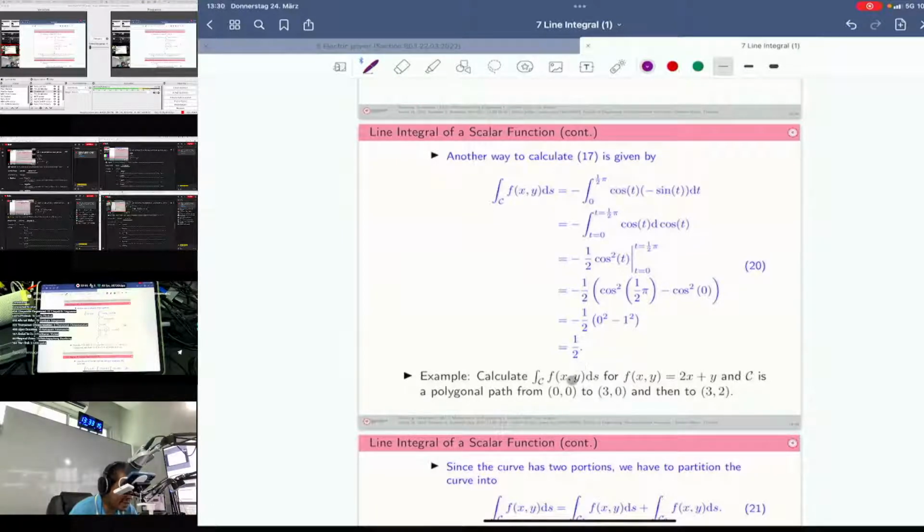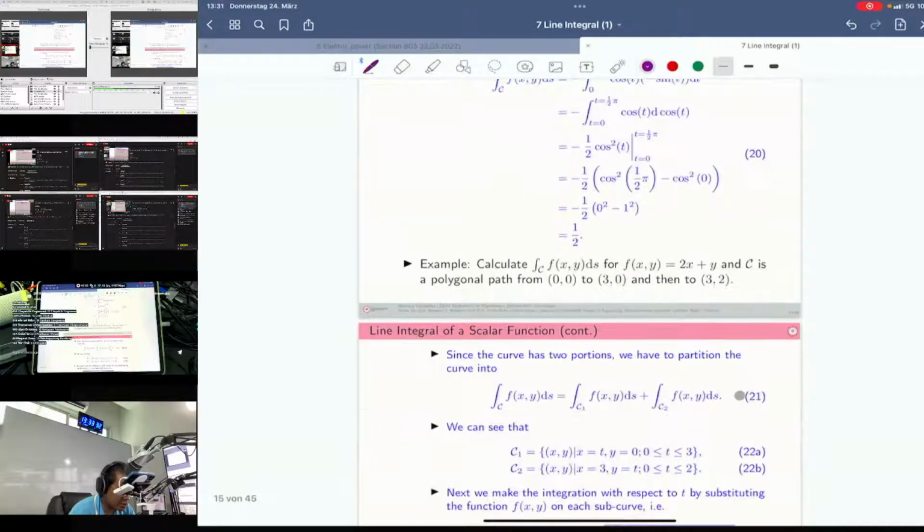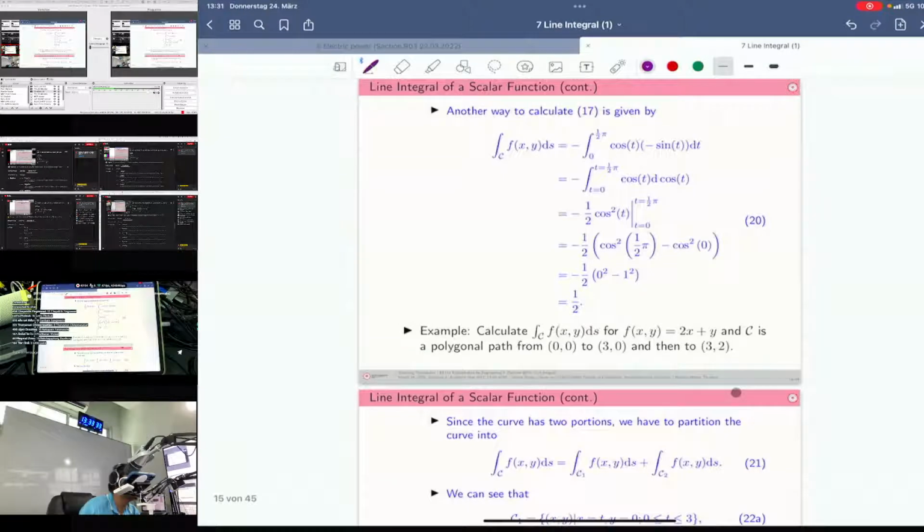The next example is the calculation of integration along this path when the function is 2x plus y and the curve is a polygonal path from 0, 0 to 3, 0 and 3, 2. All right, this one is even more difficult because it's not a circle.